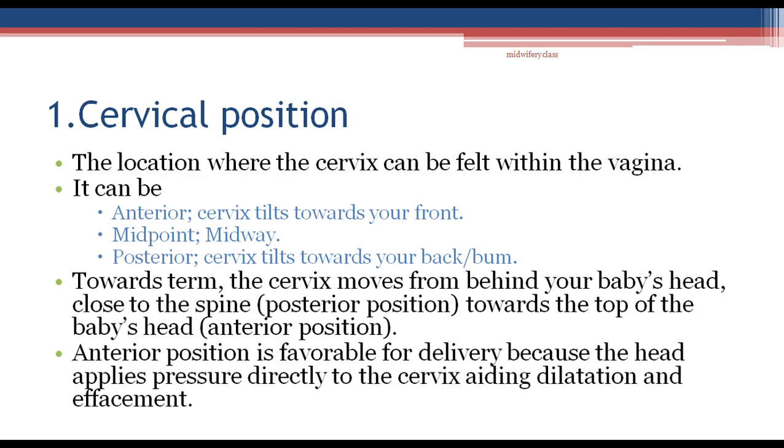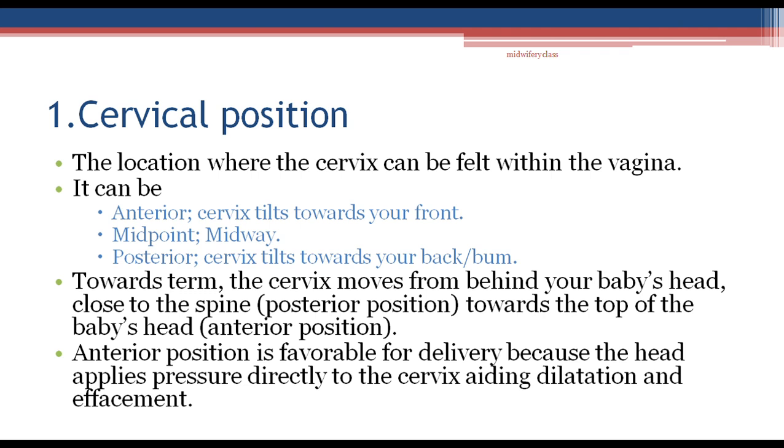The first one is the cervical position, which is the location where the cervix can be felt within the vagina. It can be anterior, where the cervix tilts towards your front, or it can be midpoint, where the cervix is midway between anterior and posterior, or it can be posterior, where the cervix tilts toward your back or the spine.